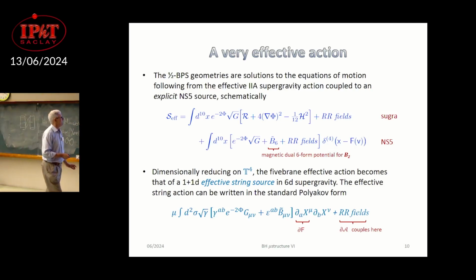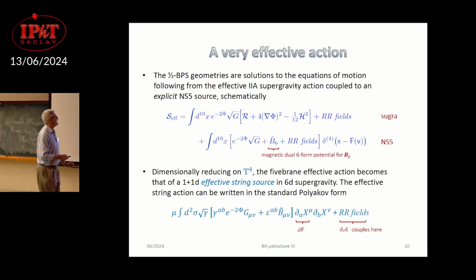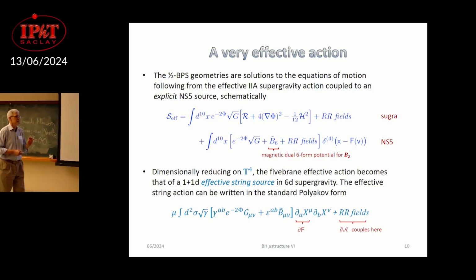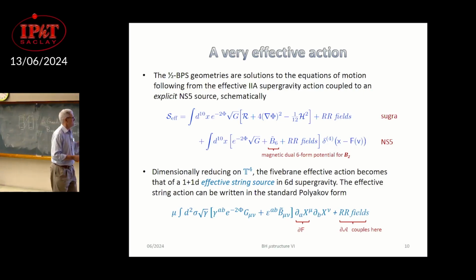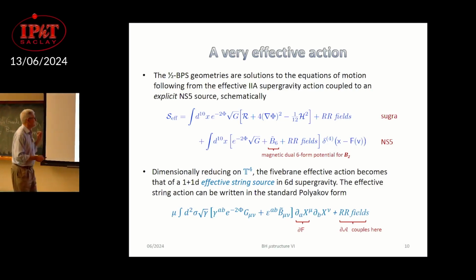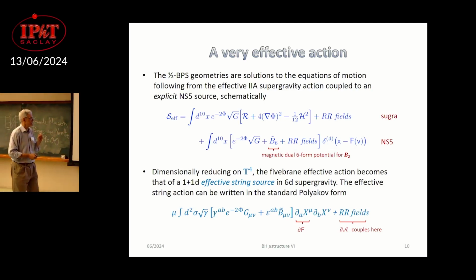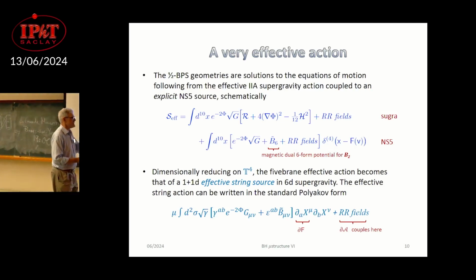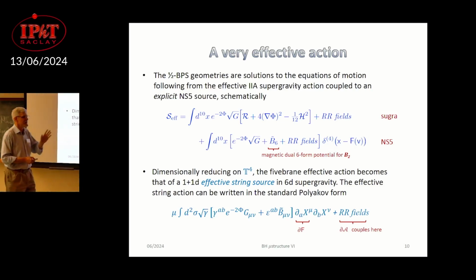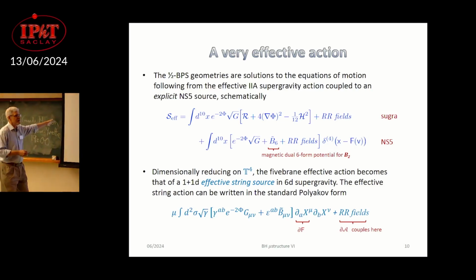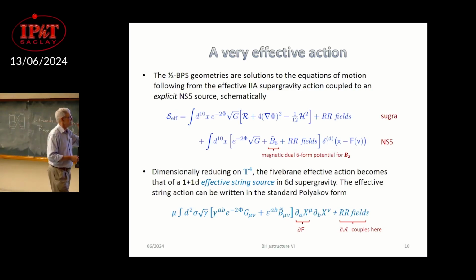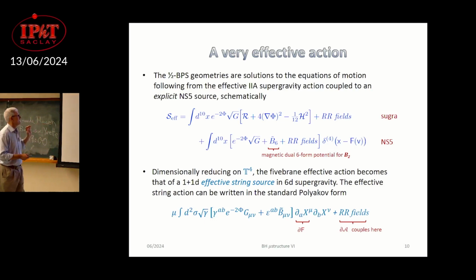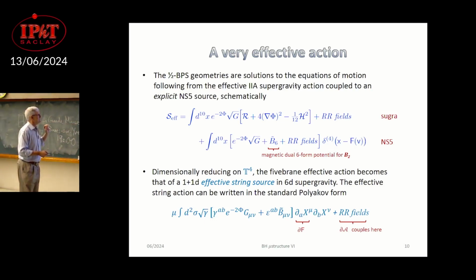And my attitude here is going to be that we should always work in the duality frame in which the effective supergravity is as close as possible to capturing the physics. Okay, so I don't want to just take the half BPS solution in some other duality frame and then dualize it. I want to work directly in this NS5-P duality frame and construct the solution.